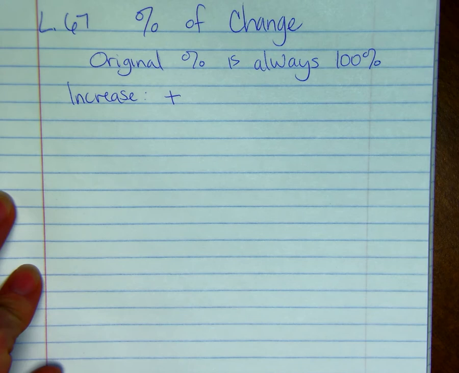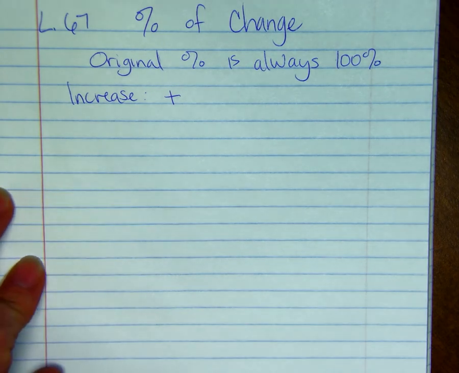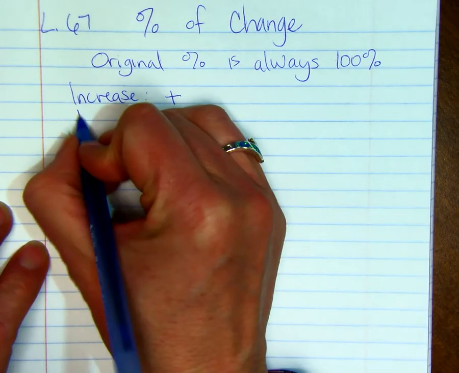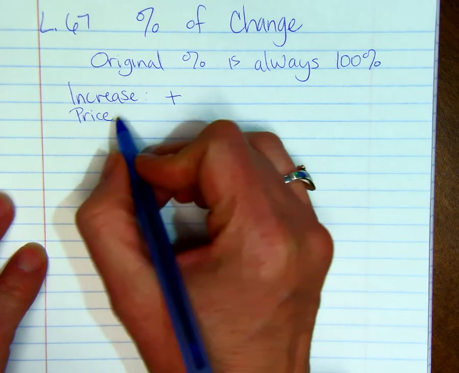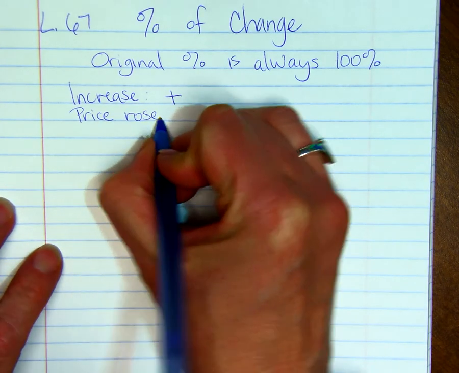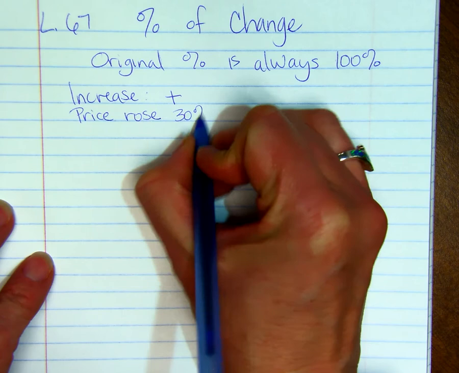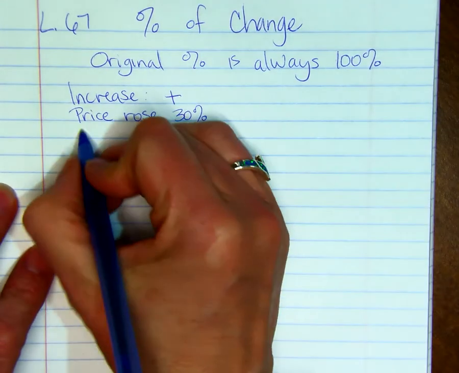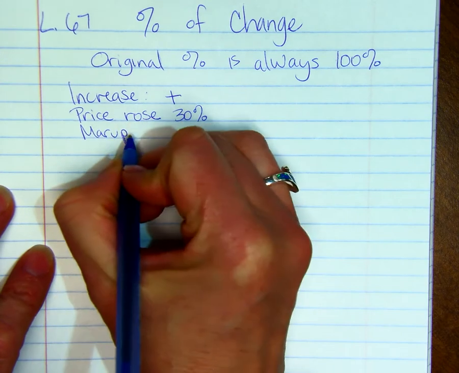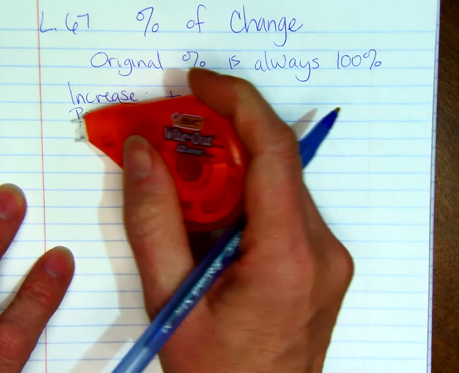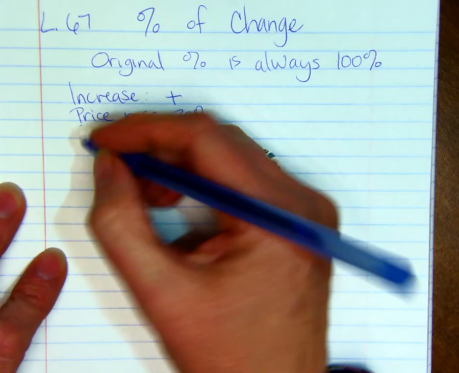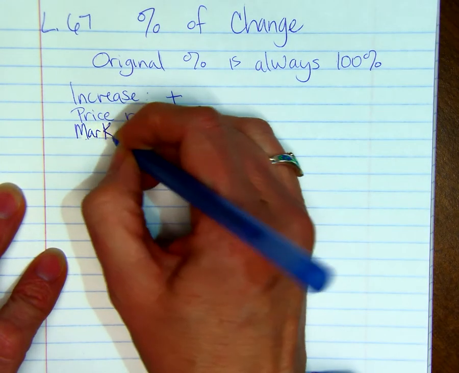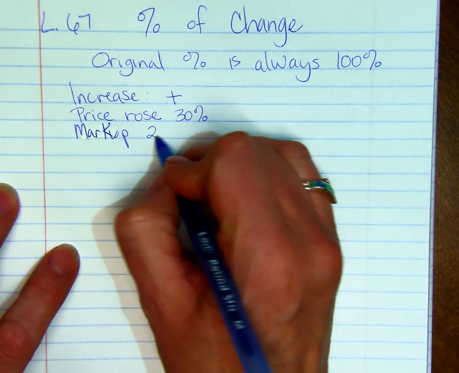Some of the words that you might hear is there was a price increase, or the price rose a certain amount. Let's say 30%. So there's an example. The price rose 30%. Or there was a markup of 25%.